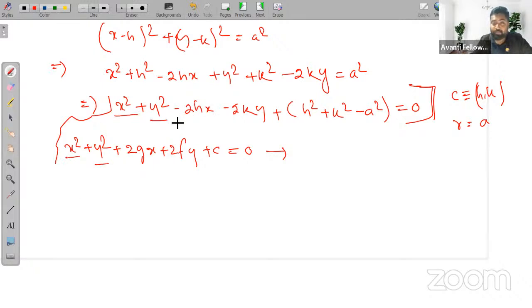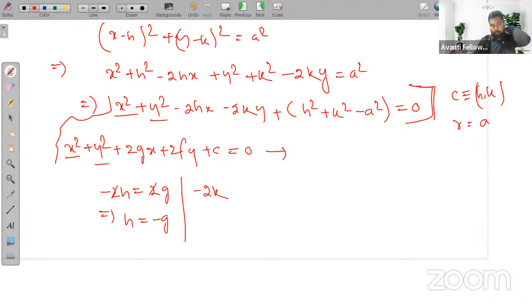But in the coefficient of x, we have minus 2h here, and here x has the coefficient 2g. So 2 will be cancelled out, then h is minus g. Similarly, if we compare the y terms, minus 2k is equal to 2f, then 2 cancels out and k is minus f.